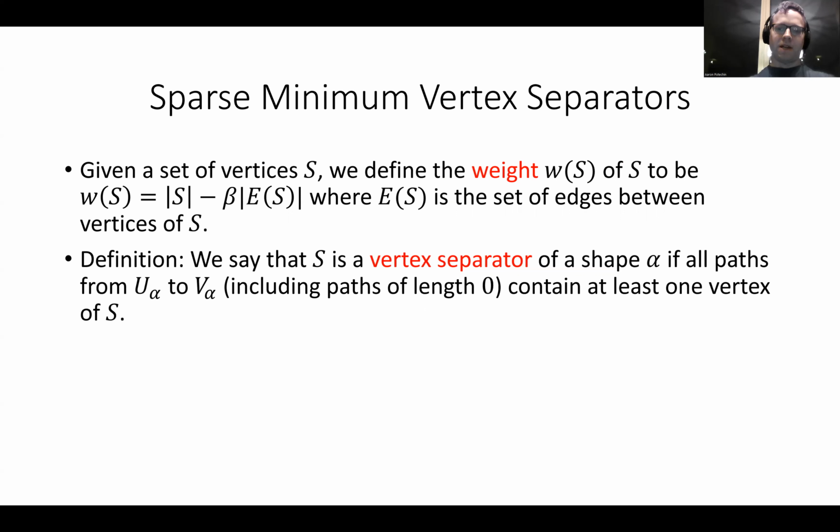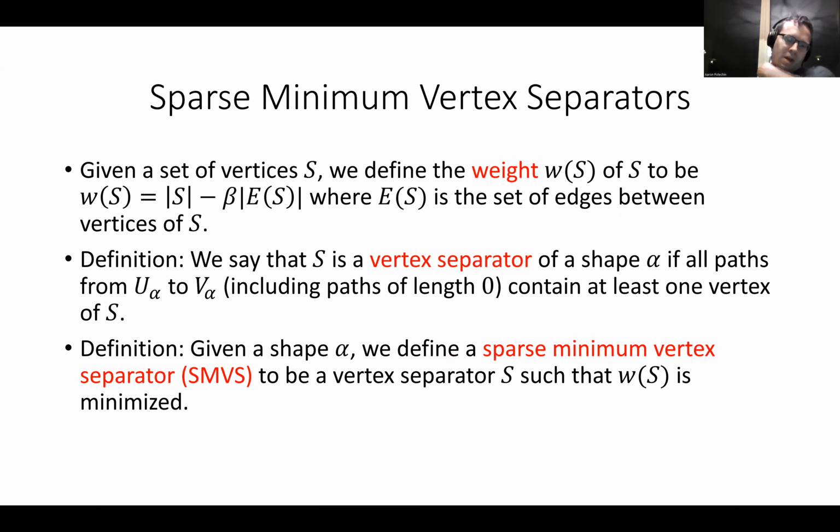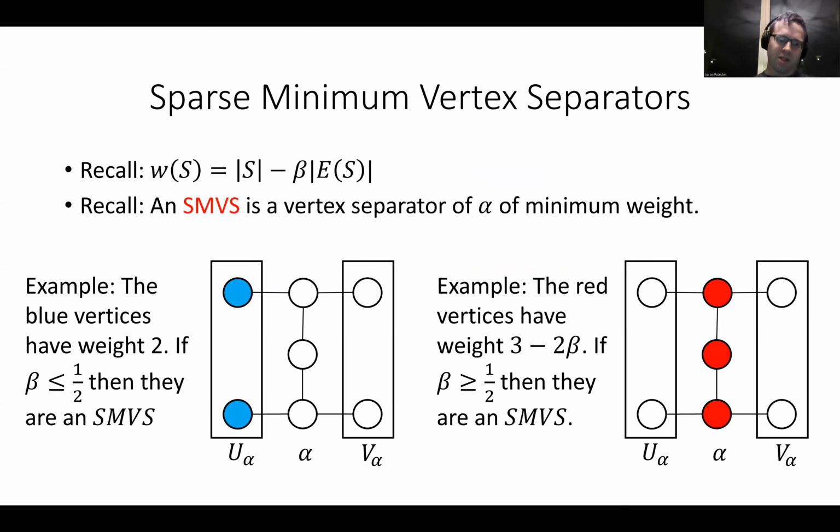We say that S is a vertex separator of a shape alpha if all paths from U alpha to V alpha, including paths of length 0, contain at least one vertex of S. Given a shape alpha, we define a sparse minimum vertex separator, which we abbreviate as SMVS, to be a vertex separator S such that the weight of S is minimized. So here are some examples.